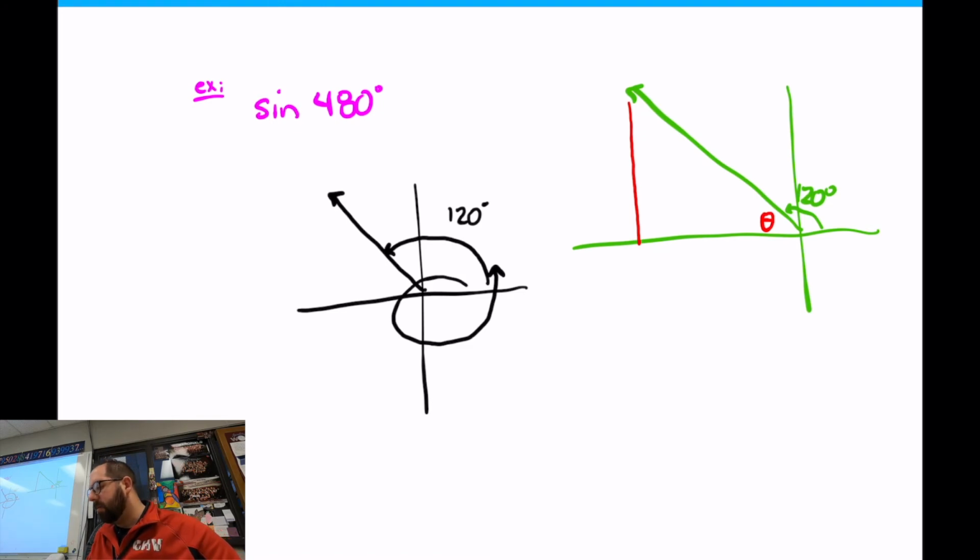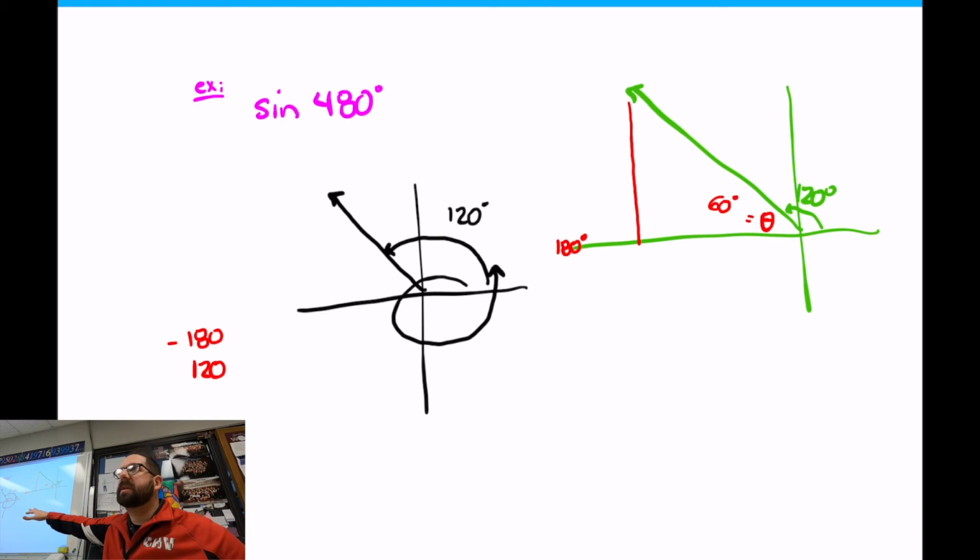So in this case, my reference angle ends up being 60 degrees. If you don't know how I did that, I took 120 and subtracted it from 180. Since I land in the second quadrant, you're bringing it back to the x-axis, which is 180 on this side. If I went to the fourth quadrant, it'd be 360 on the other side of the x-axis. So I always bring that back, so that's why I'm ending up with a 60-degree angle, and that's my reference angle. So it's a 30-60-90 triangle again.